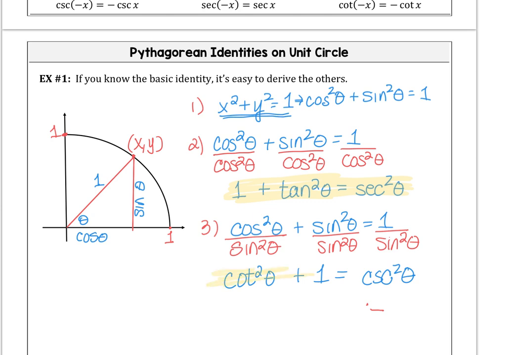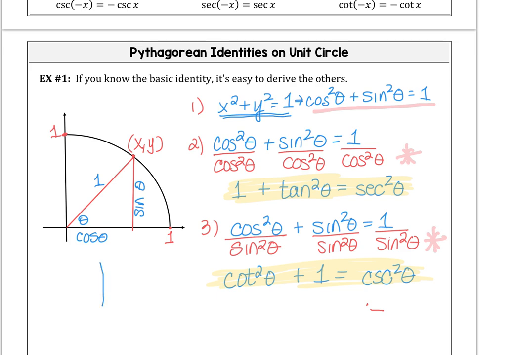So that's how we can derive those 3 equations. You memorize the first one, and by dividing each term by cosine squared, and by dividing each term by sine squared, you'll derive those other 2 formulas. So it cuts down on memorizing.